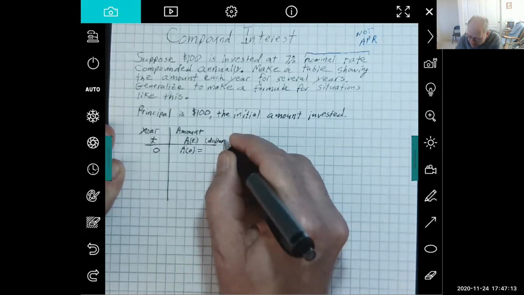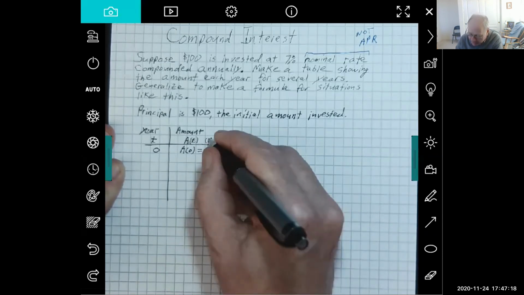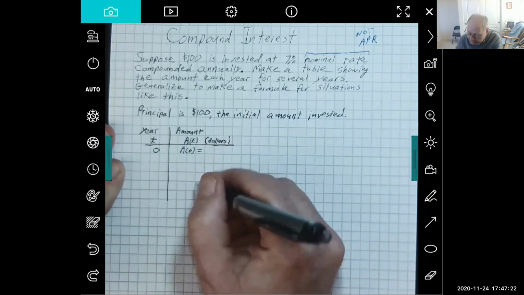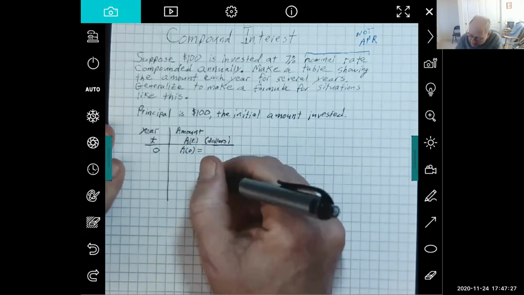And so I don't have to keep writing the dollar sign over and over. Up here in the heading of the column, I'll put the units of measurement. So the amount in year 0 is 100.